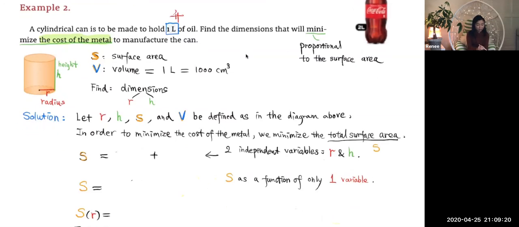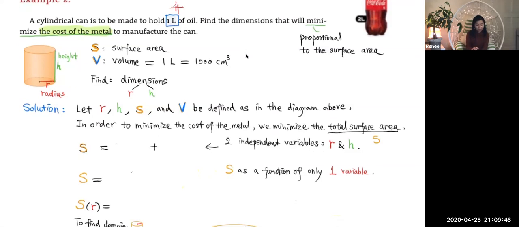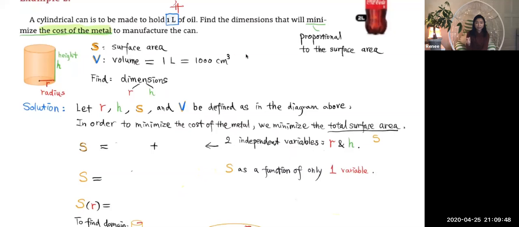Remember, the first step in any word problem is L: let x be, y be, etc. So we want to declare the variables. Since I already indicated them in the diagram, the easier way is to let r, h, S, and V be defined as in the diagram above.